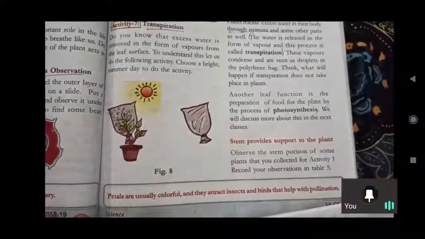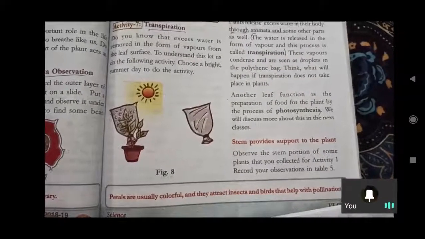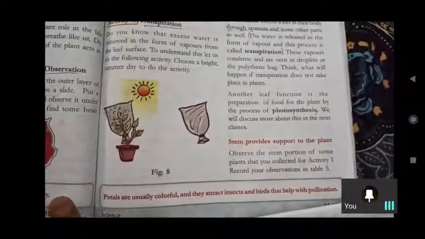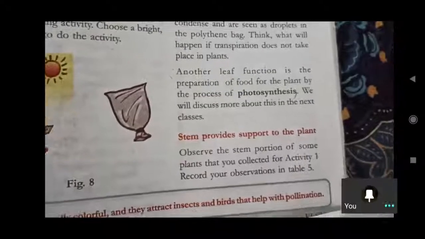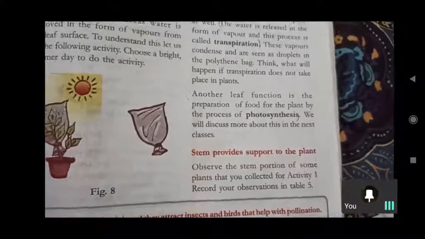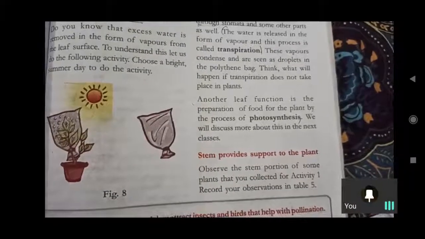Grains, wheat, cereals, dals, all come from the plants. Those come under carbohydrates generated by photosynthesis, and oxygen enters into the atmosphere.